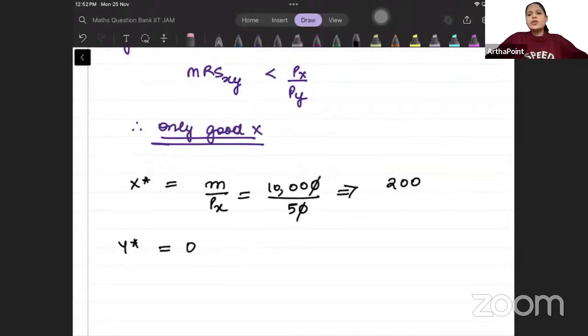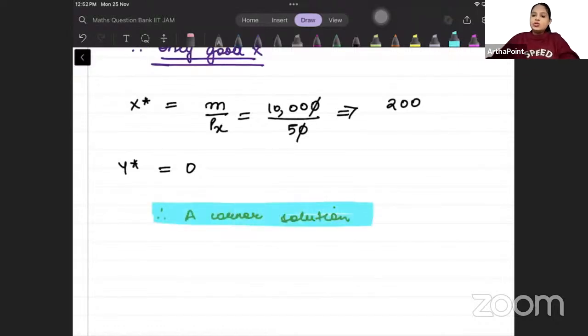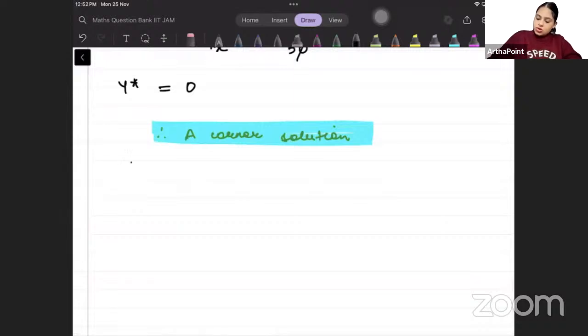So what kind of solution are we seeing in this case? A corner solution, right? So therefore, a corner solution, right? Try to plot this. So my budget line remains consistent.